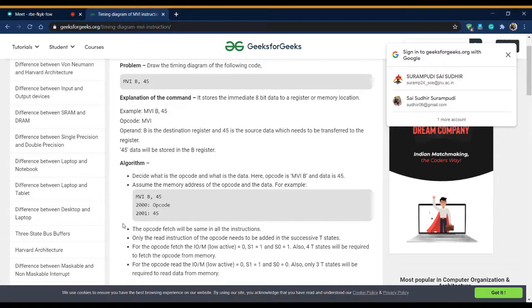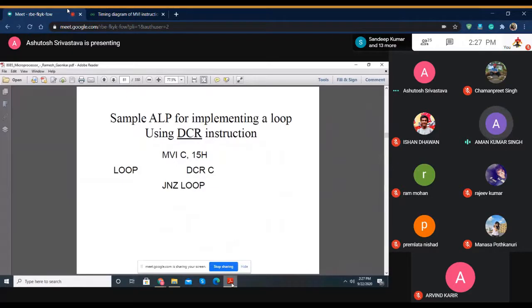Sir, move the data to register C and whose data value is 15H. Correct. No, not 15H. Data is 15. H is the hexadecimal form of digital 15. Right? Okay, so now let's talk about the second statement.